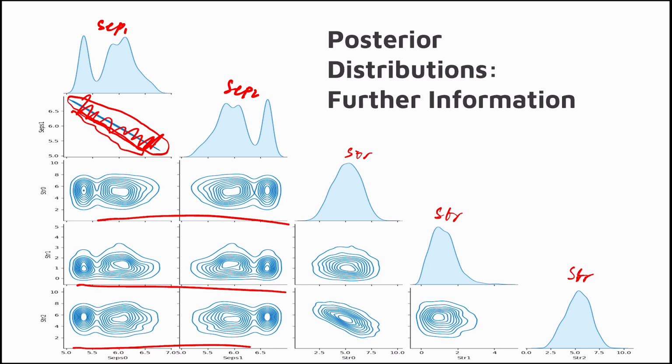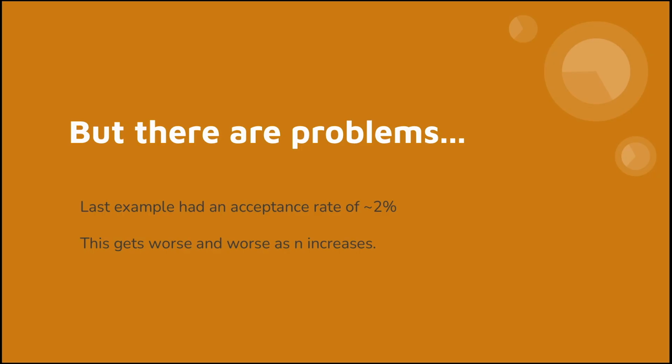But when we are just comparing strengths to strengths, there's actually fairly little correlation overall. There is some, of course, but hardly any compared to the correlation between separations. This is all kind of nice to know. It's potentially useful, and it's good to see that we are gaining a lot out of our MCMC approach. But there are problems.